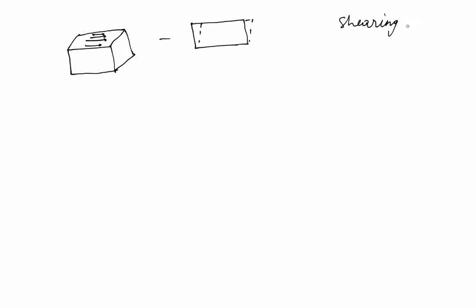shearing deformation. I am using my own vocabulary, but it's because of the shearing force. The force is shearing. I forgot to mention in the last example that you can rearrange the formula to look like this.